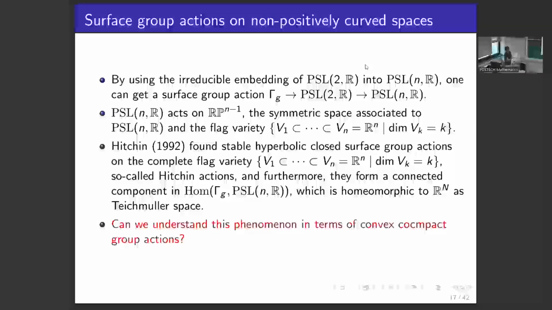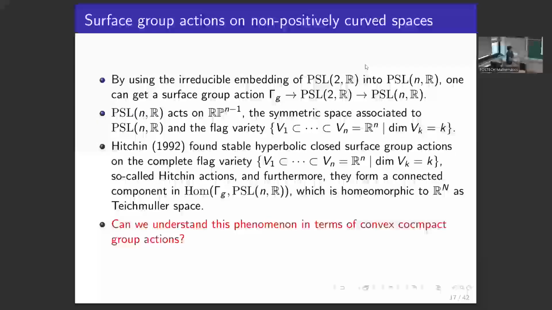So then PSL-NR acts on a space. For example, PSL-NR acts on the projective space or some symmetric space associated to PSL-NR. That space is the quotient space PSL-NR by PSO, PSON.